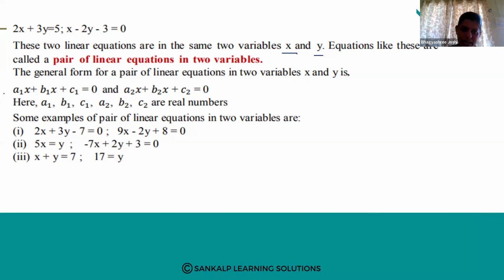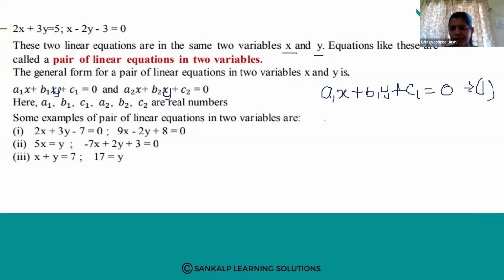The general form is a1x plus b1y plus c1 is equal to 0, and a2x plus b2y plus c2 is equal to 0. So a1x plus b1y plus c1 is equal to 0, this is equation number 1.